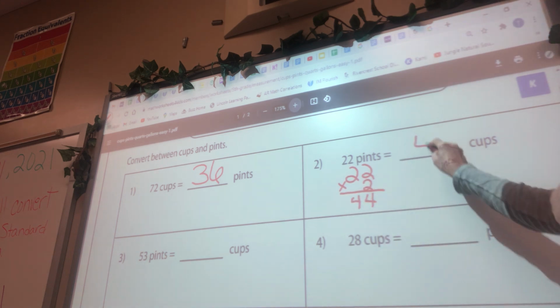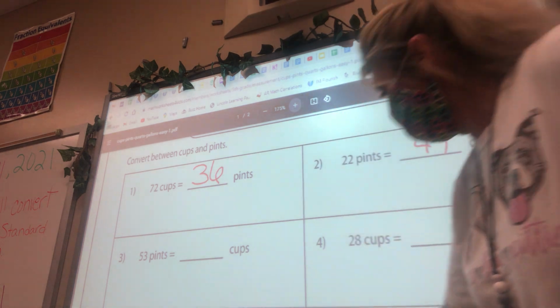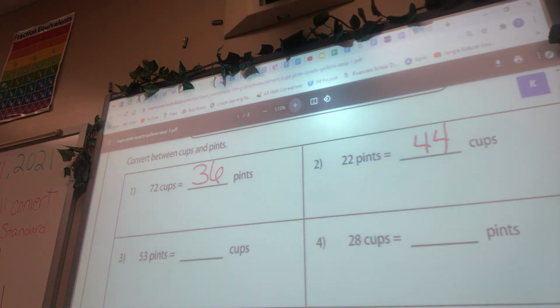That's easy math. So what I'm going to do today, this is like a half of. Pints are twice as big as a cup, or a cup is half the size of a pint.